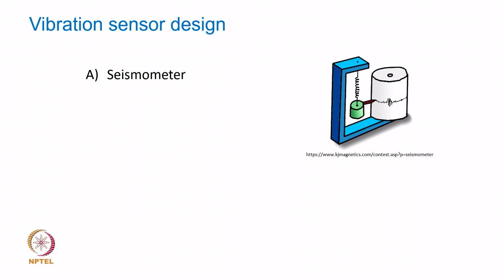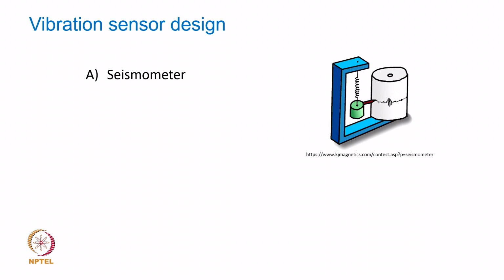So, one of the sensors is the seismometer, and you must have heard about seismometers. They measure earthquake induced motion of the ground, and so these seismometers are implanted at different locations, and they basically are expected to faithfully record the ground motion.